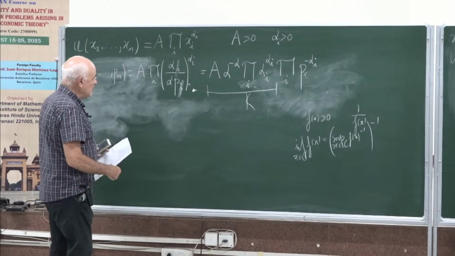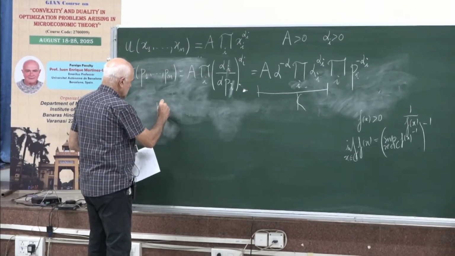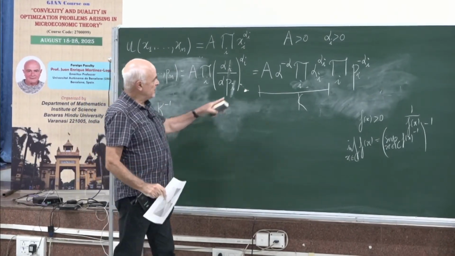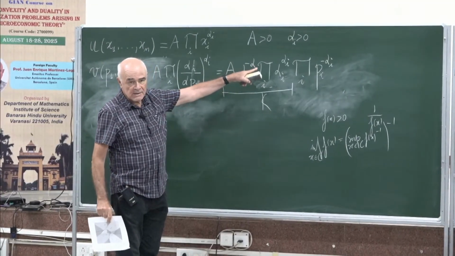When A is replaced with k minus 1, what we obtain is k minus 1 times all that.